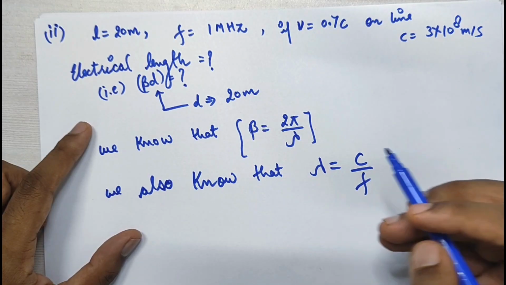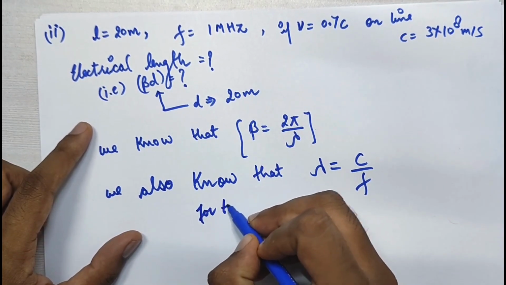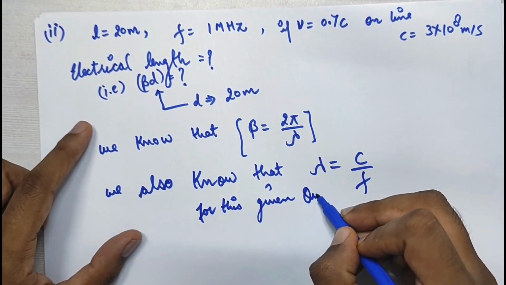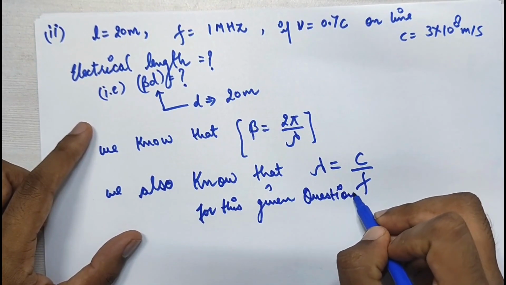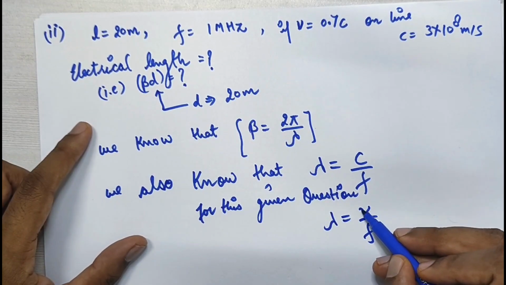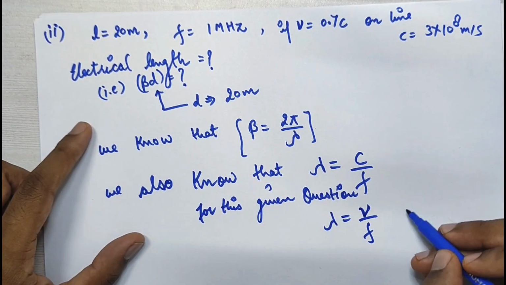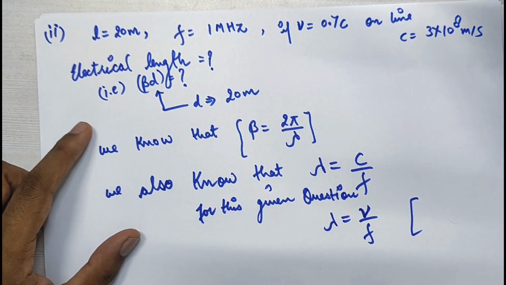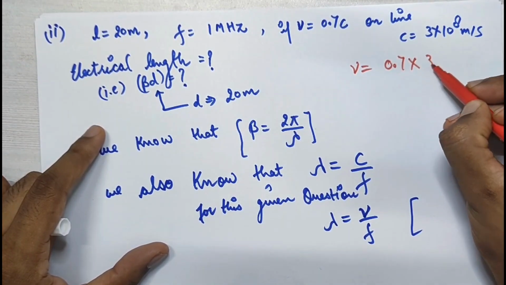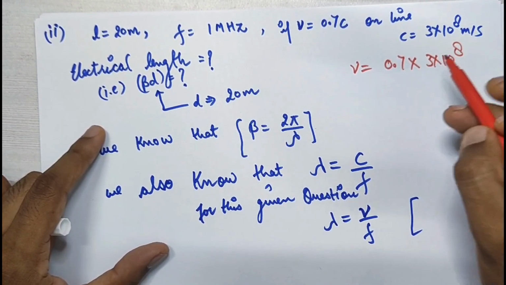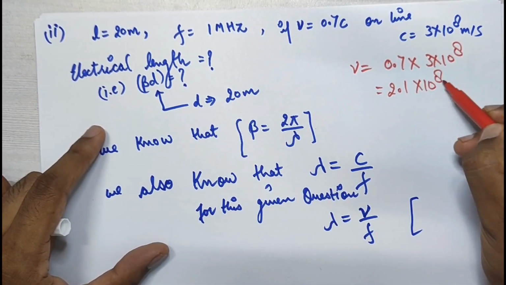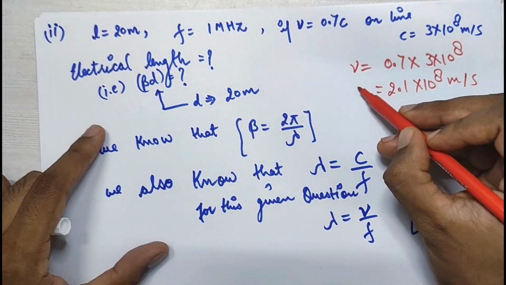For this given question, lambda will be mu by F. We know that. Try to calculate mu. Mu is 0.7 into C, that is 0.7 into 3 into 10 to the power 8. This will be 2.1 into 10 to the power 8 meter per second.